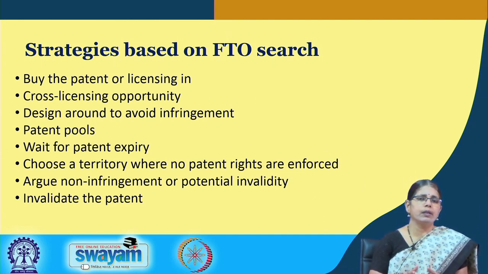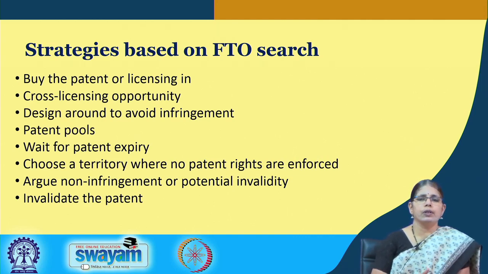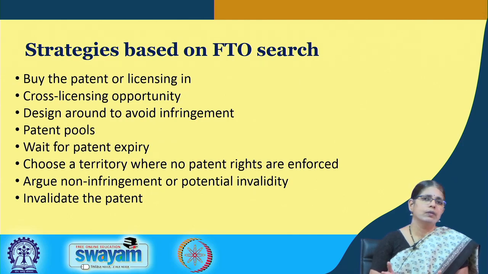And if you find that the competitor's patent can be actually invalidated, one can choose the route of invalidation of a patent. So, that is one potential case that is available, or go ahead into the market and you can assert that there is non-infringement. So, that is one defense that one can take.